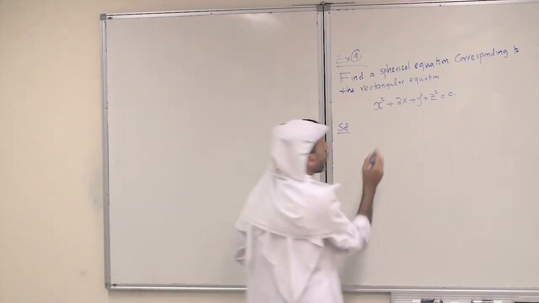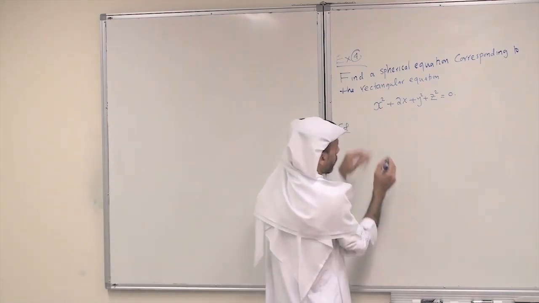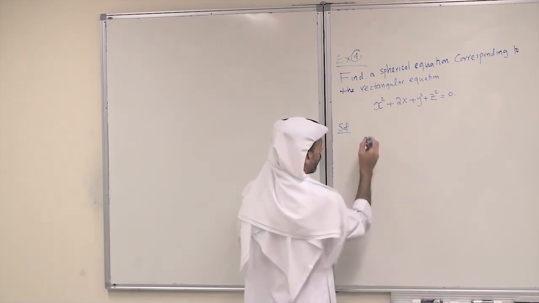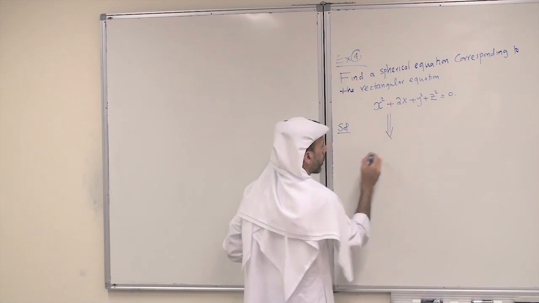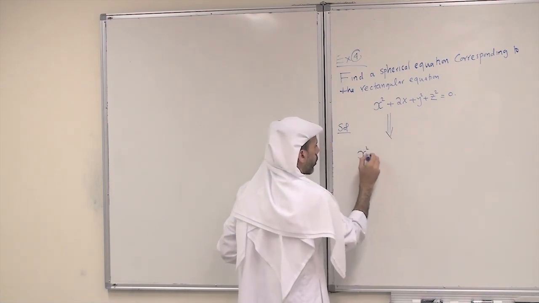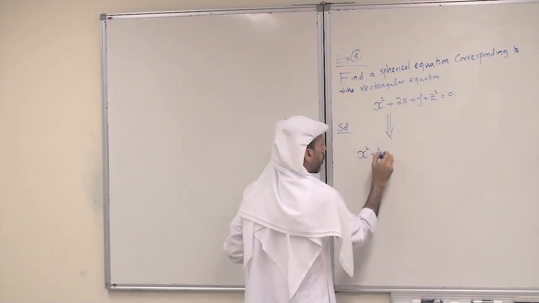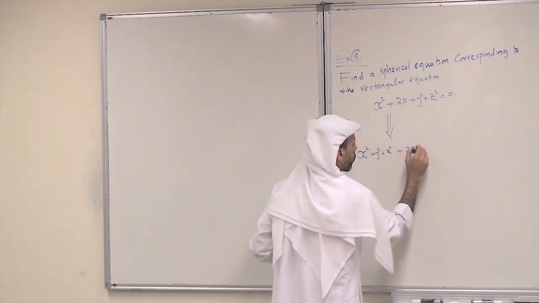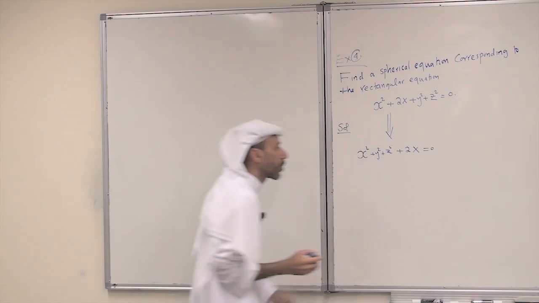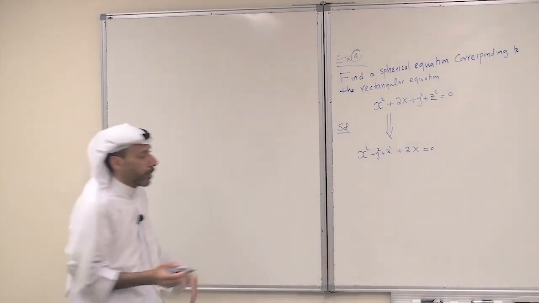I can just reorder: x squared plus y squared plus z squared plus 2x equal to 0.